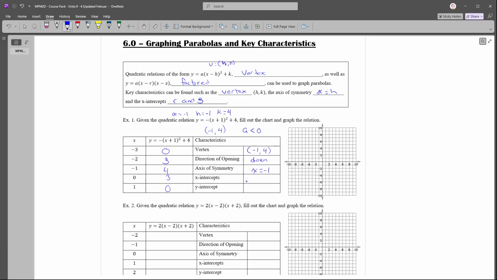X-intercepts and y-intercepts. Now I can find these in a couple of ways. I can find the x-intercept by simply looking at my y values. The x-intercept means it touches the x-axis. What is the value of y on the x-axis? It's always 0. So whichever of these components have a y value of 0, those are going to be my x-intercepts. I can see the one at the top and the one at the bottom are both x-intercepts.